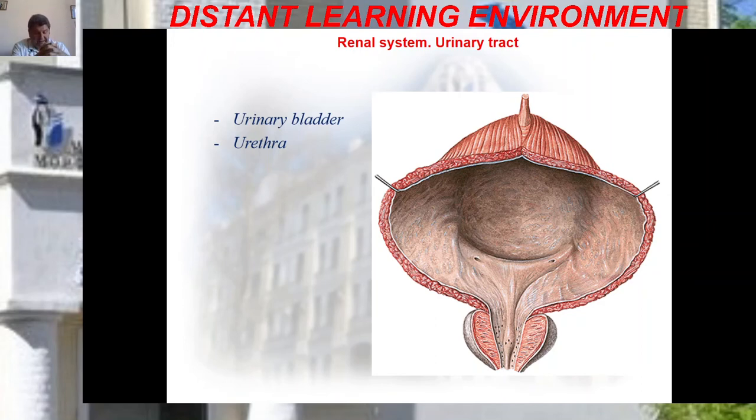An opening is visible on the inner surface of the inferior part of the bladder. This is the internal orifice of the urethra. Directly behind it is a smooth triangular area called the trigone of the bladder. You may see this trigone of the bladder.